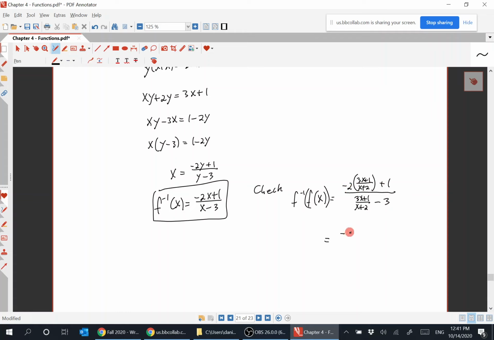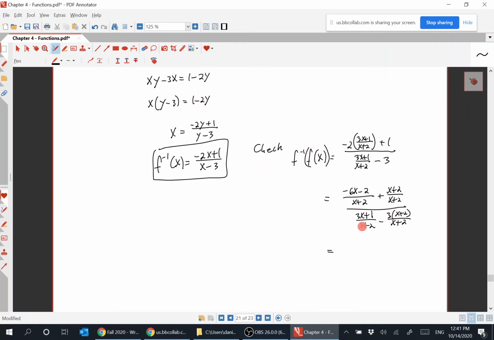So we get (minus 6x minus 2) over (x plus 2), plus (x plus 2) over (x plus 2), over (3x plus 1) over (x plus 2) minus 3 times (x plus 2) over (x plus 2).